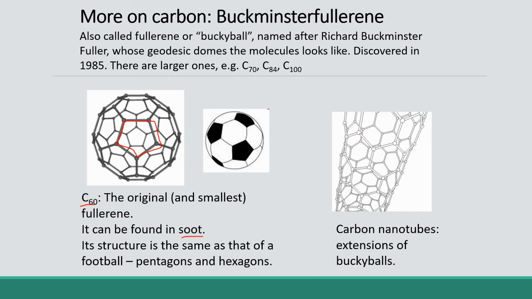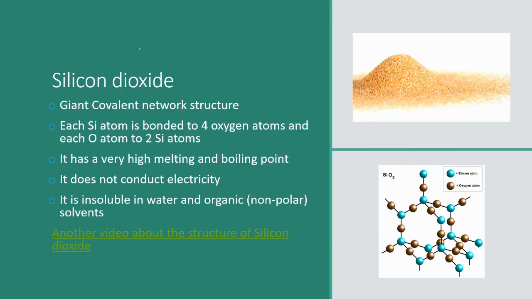Then they started to form nanotubes, and a lot of research has been done on these new materials since 1985. Buckyballs, or Buckminster Fullerene, are named after Richard Buckminster Fuller. So that's another type of covalent network.